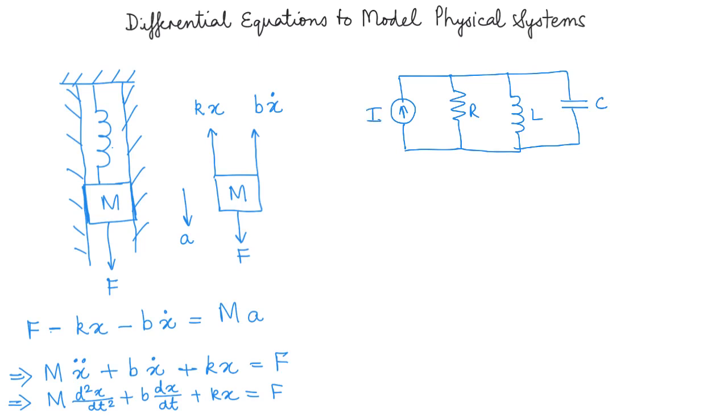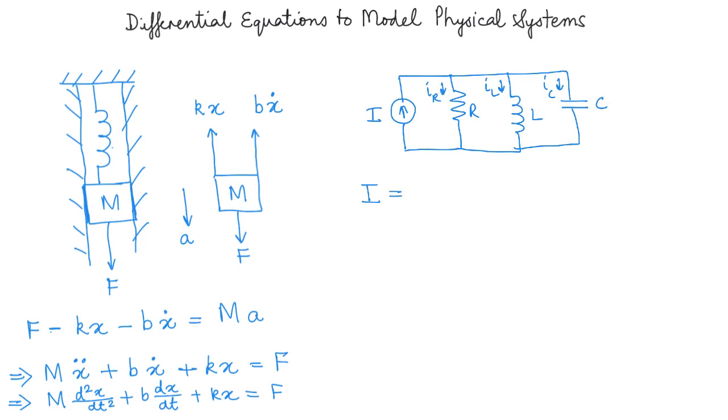We know that the currents in these three branches, let me call them IR, IL, and IC, add up so that IR plus IL plus IC is equal to I. So we can write the equation I equal to, what is going to be IR?